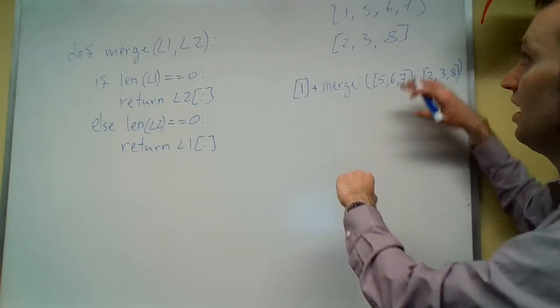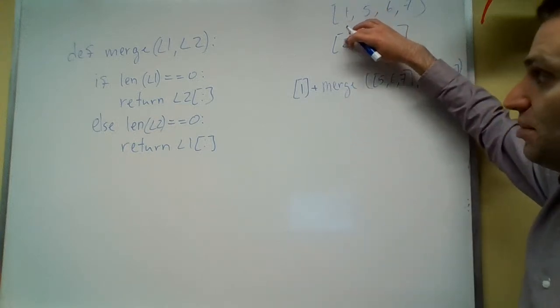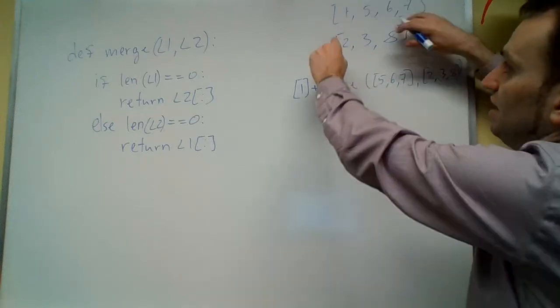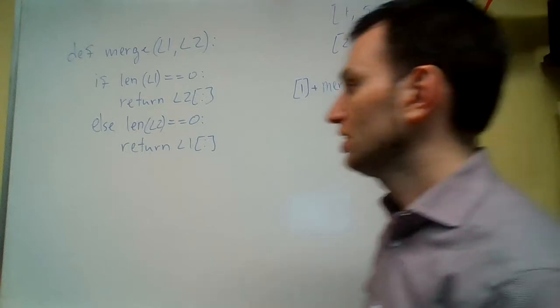So that's great. And of course, if the situation were reversed, we'd put this element in the beginning, and then we'd merge this one and this one, if it were the case that this element is smaller than this one. So let's write it down.